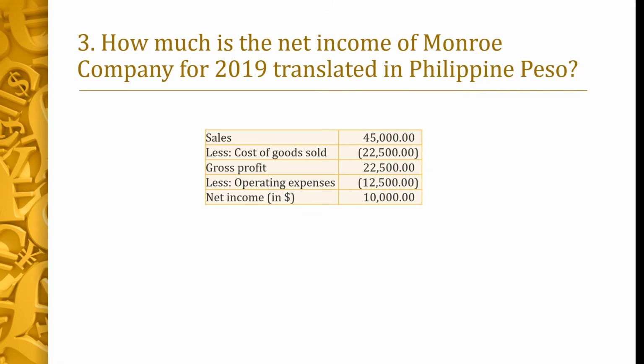So, magkano ang net income natin in US dollars? $10,000. Then, multiply that by average rate. Okay? For practical reasons, we will have to use average rate. That is 51 pesos. So, how much is your net income in Philippine peso? 510,000. Final answer for number 3, 510,000.